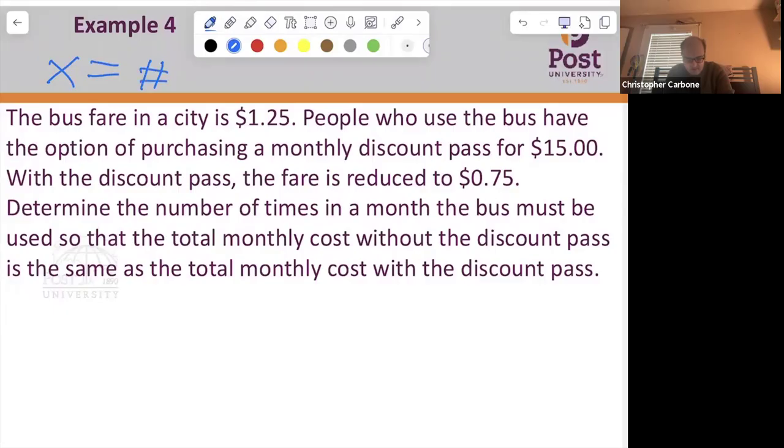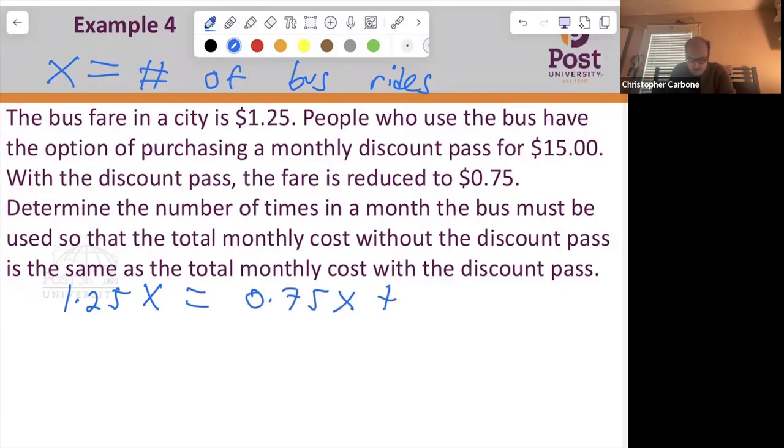X is the number of bus rides. So in our case, this is going to be 1.25 times X is equal to 0.75X. And we have to add the cost of the bus pass, so plus 15.